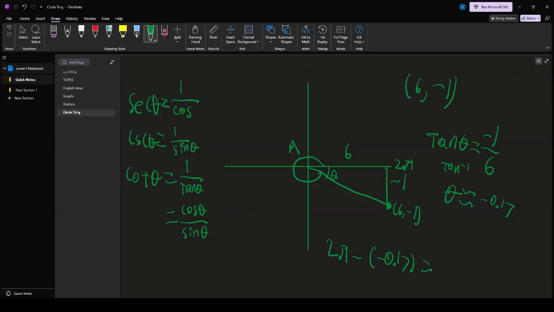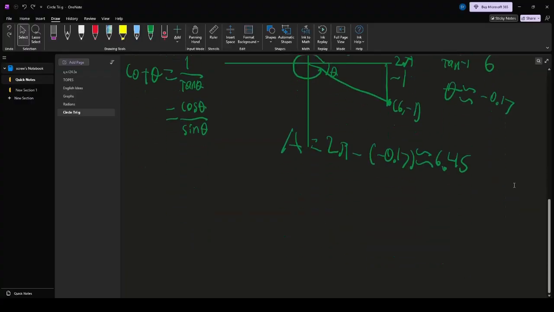Well, actually, no, you're smarter than that, so I'm sure you could do it in your head, but if you can't, just punch it into your calculator. We get approximately 6.45 radians. So that's A. Simple.